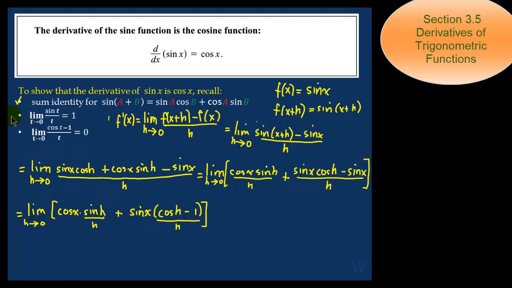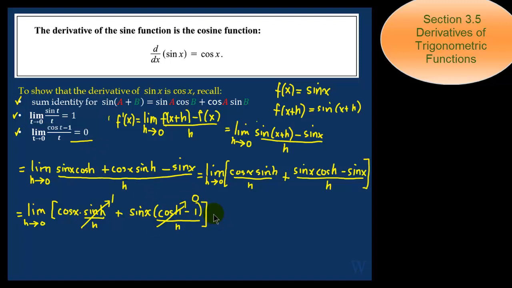Do you see now why we have to use the second and the third bullet? Because when we take the limit of a constant times this expression, sine of h over h goes to 1. The limit is equal to 1. And this term, cosine of h minus 1 over h, if we take the limit as h approaches 0 using the third bullet right here, the limit is 0.